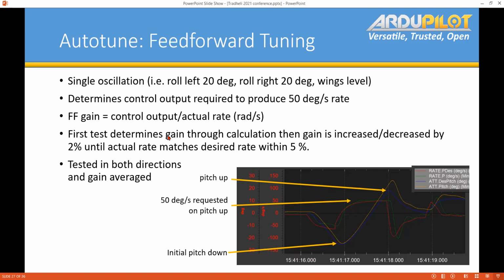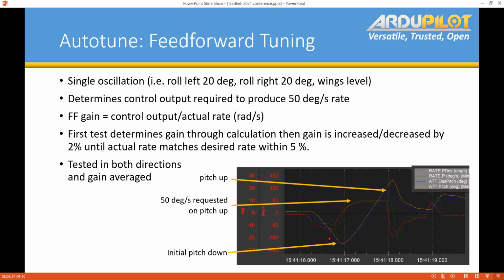Then it goes through that calculation the first time, and then it refines it. If it doesn't get it exactly when it tests that new gain, if it doesn't see that it matches within 5%, then it'll increase or decrease the feed forward gain until it matches within 5%. It's done in both directions, and then the gain is averaged.